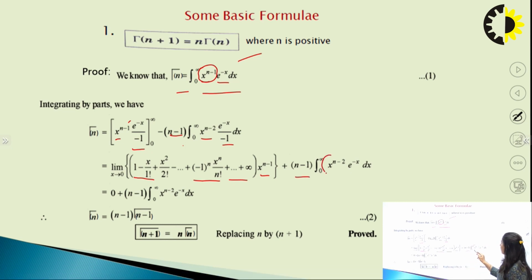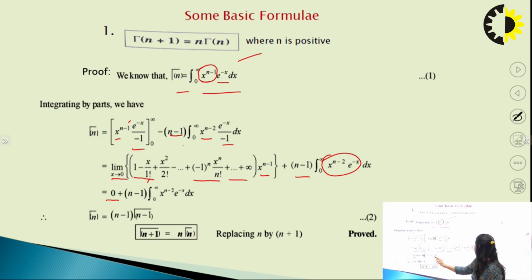Now we will integrate x power n minus 2 into e power minus x with the limit 0 to infinite. Now if we put the limit x tends to 0, x equals 0, then it will be equal to 0.